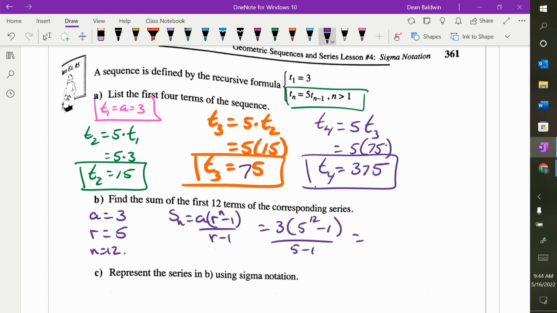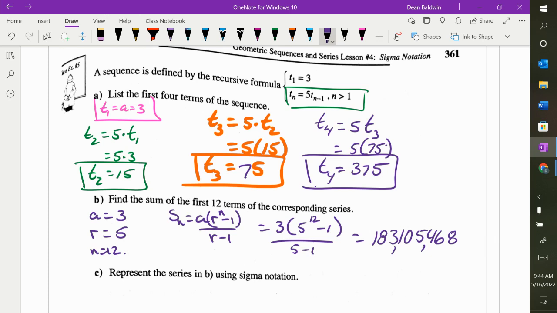This is going to be a big number. 183 million, and so on after that.